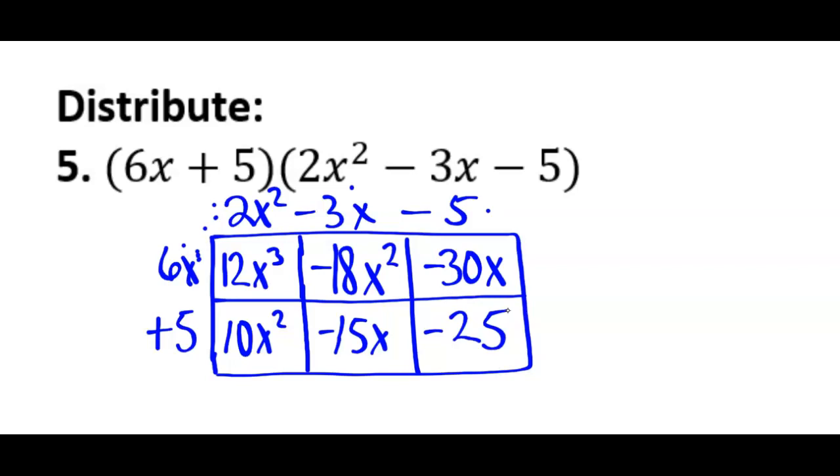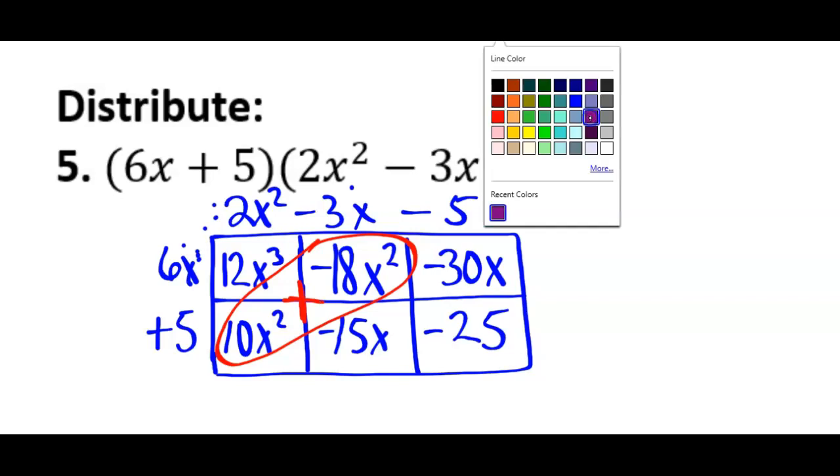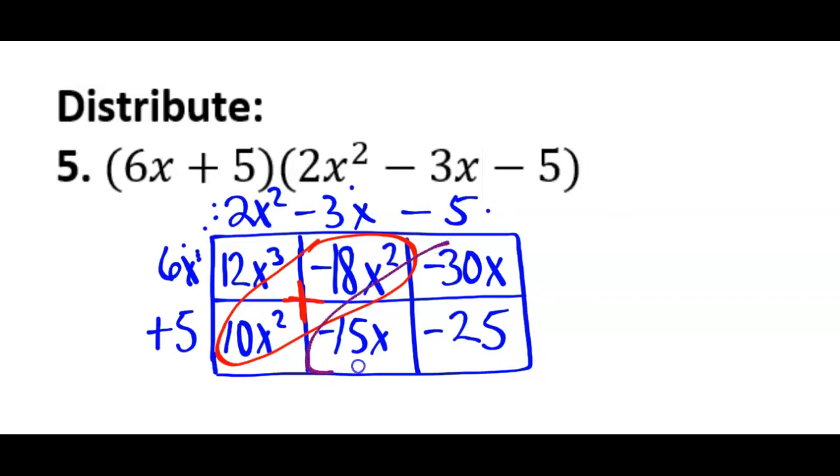Watch your signs there. Now, you're going to notice that I've got an x squared like term here that I'm going to add together. But I also have an x term here that I need to add together.